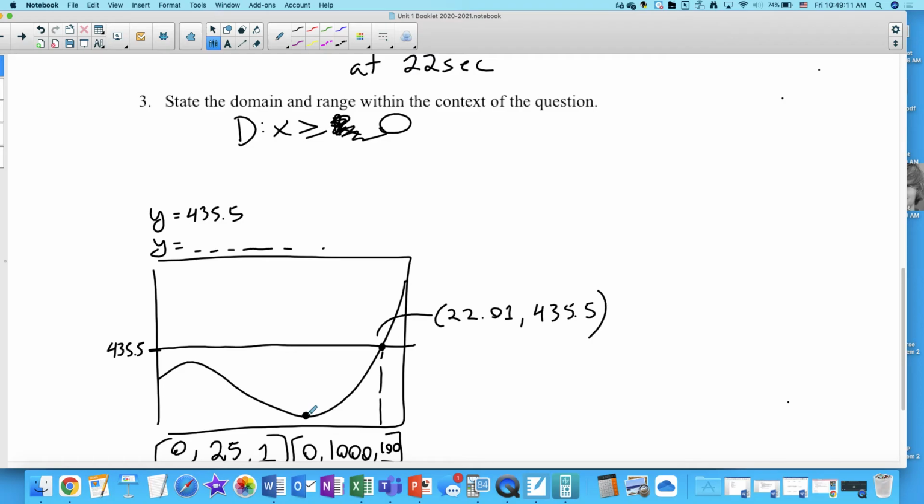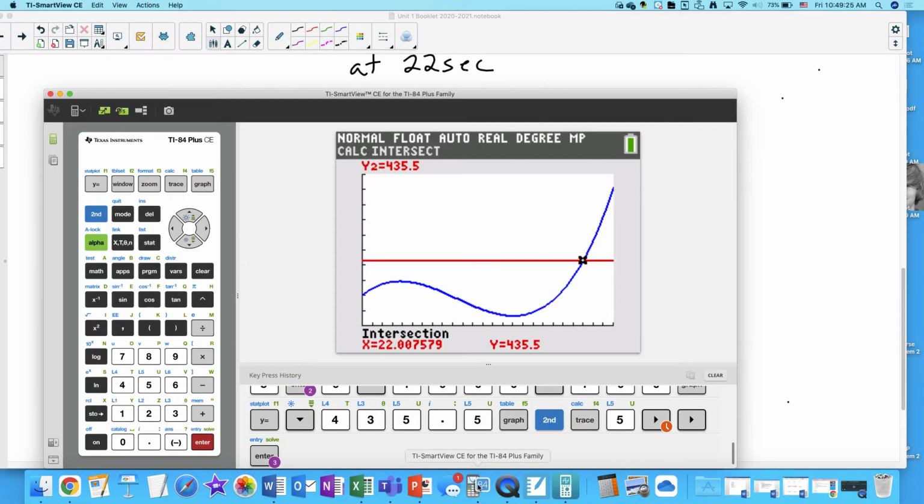Okay, so on our TI, we're going to go again second calc. And this is a minimum value. Okay, so I'm going to go to the left. Here's the left side. Then I'm going to go to the right.